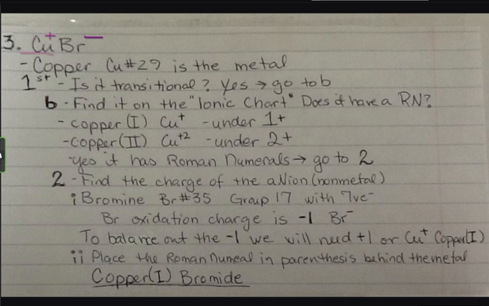So we place the Roman numeral in parentheses behind the metal. So we would have copper 1. And then we change the nonmetal or the anion and add IDE, so it is bromide. Copper 1 bromide. That wasn't too bad now, was it?